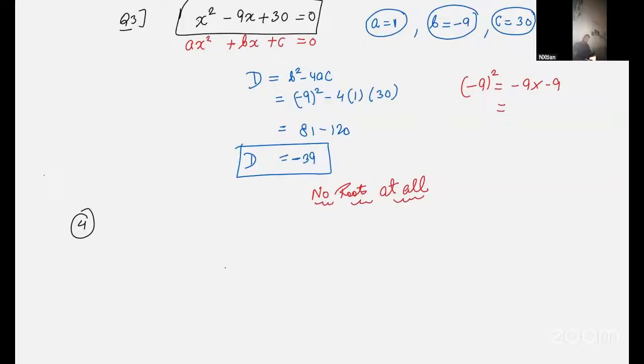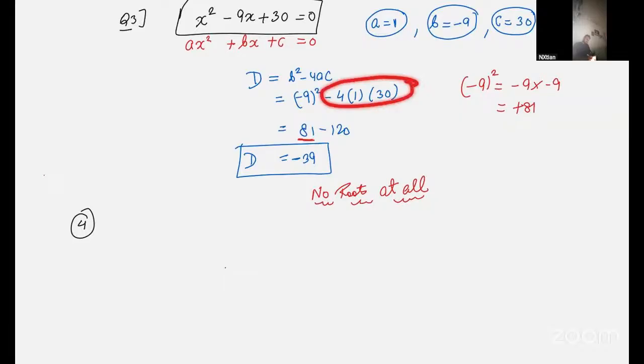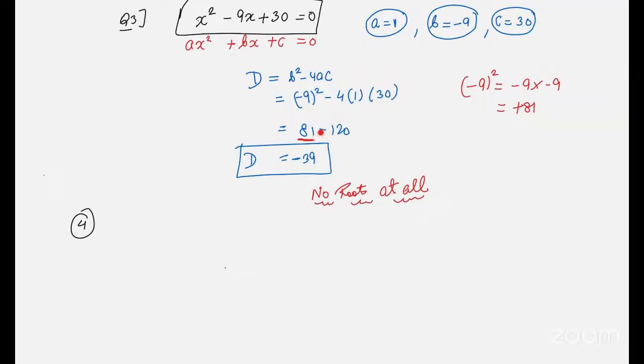Minus 9 multiplied by minus 9 is plus 81. So I will get plus 81 here. And because there is no minus sign, minus minus will not become plus, so you will get the answer as minus here. Okay. Got it? Everyone do this now.